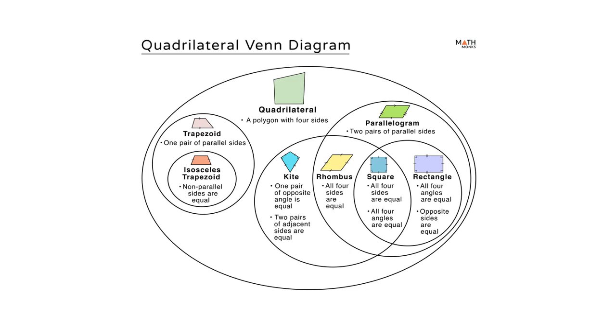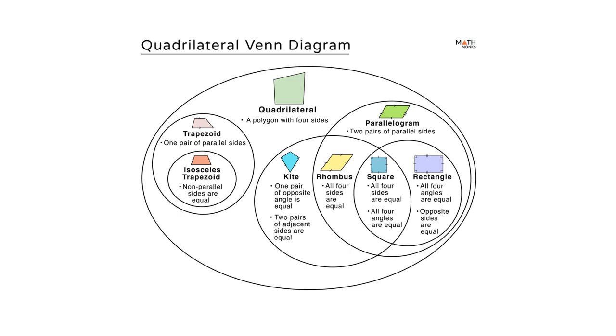And so you can see here that squares are where rectangles and rhombuses intersect. And you can also see that a square is contained inside of the parallelogram circle. And so we know that every square is not only a rhombus, but it's also a parallelogram, it's also a rectangle, and then everything is inside this big quadrilateral bubble.